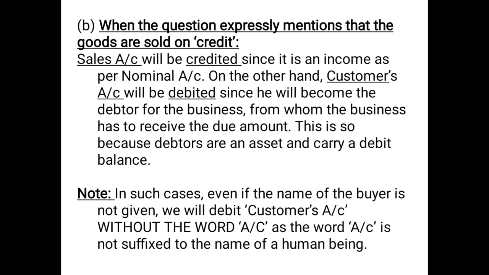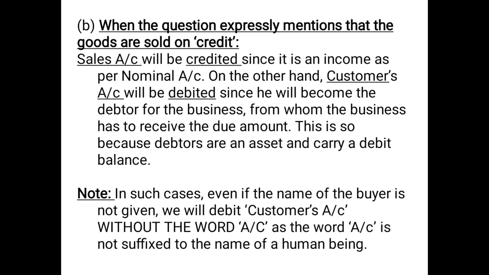Now, as you can read here, sales account will be credited since it is an income as per nominal account. Again, remember children, sales account will always be credited whether the sales is in cash or credit, irrespective. On the other hand, customer's account will be debited since he will become the debtor for the business from whom the business has to receive the due amount.